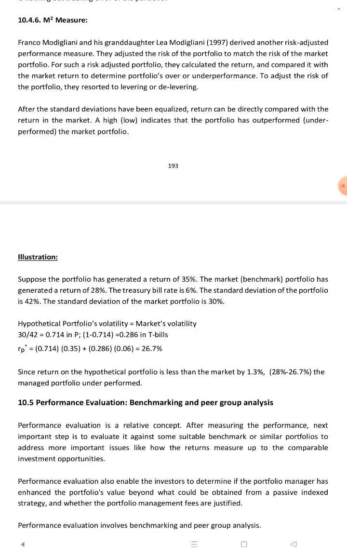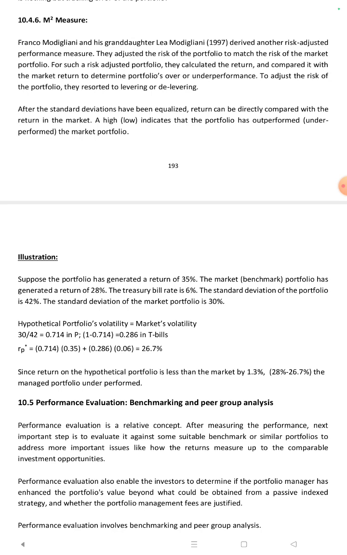M2 measure. Franco Modigliani and his granddaughter Leah Modigliani derived another risk-adjusted performance measure in 1997. They adjusted the risk of the portfolio to match the risk of the market portfolio. For such a risk-adjusted portfolio, they calculated the return and compared it with the market return to determine the portfolio's over- or underperformance.